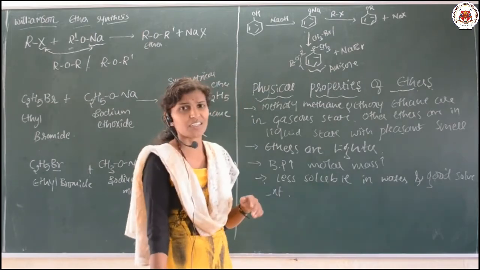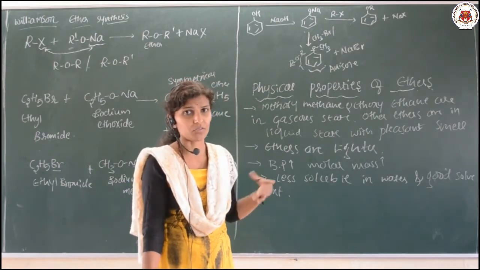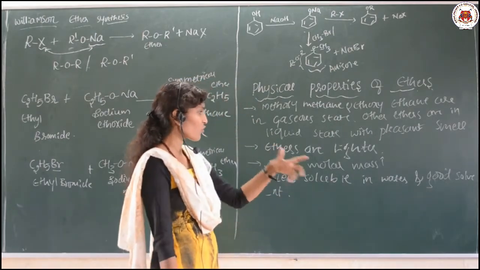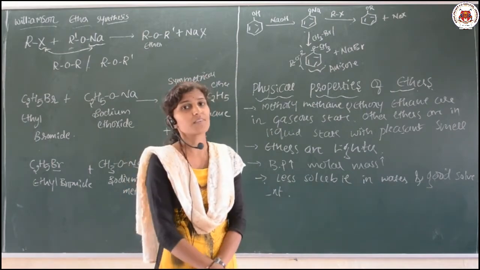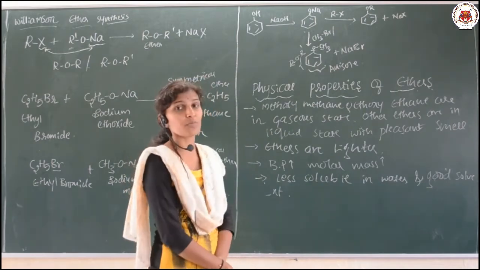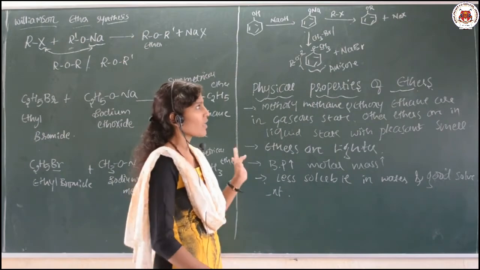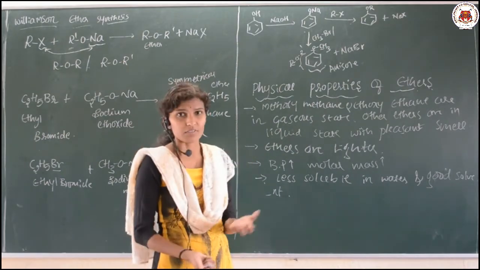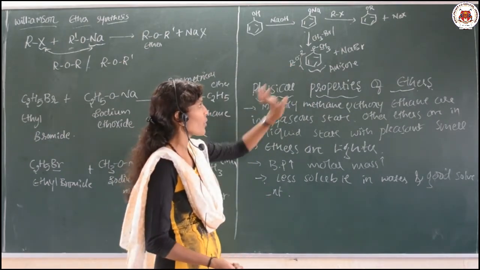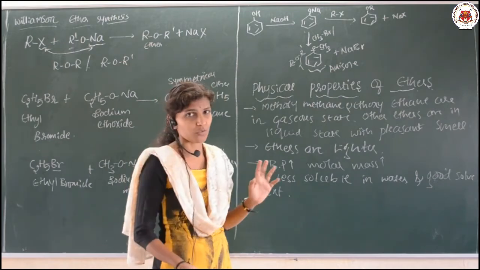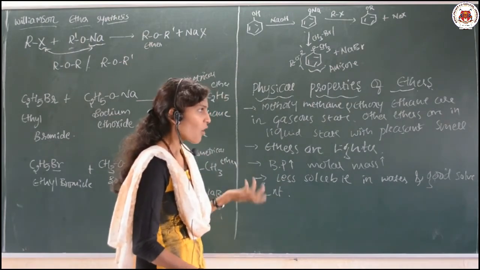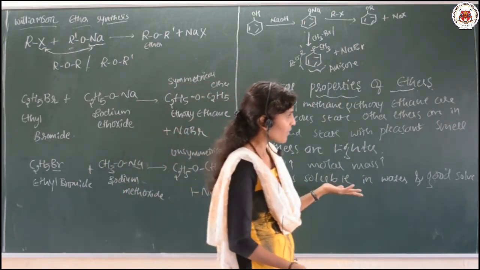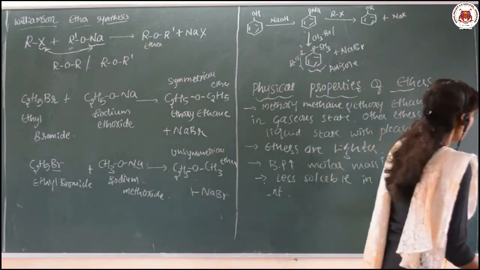In many reactions, ether is taken as a solvent. This is also one of the important points. Less soluble in water because these do not have any hydrogen bond forming capacity. ROR dash is the formula. There is no possibility of forming the hydrogen bond. So it cannot be dissolved in water, while ether itself is used as a good solvent.